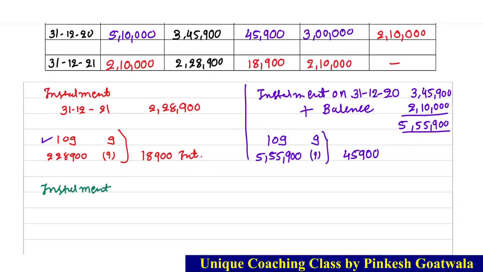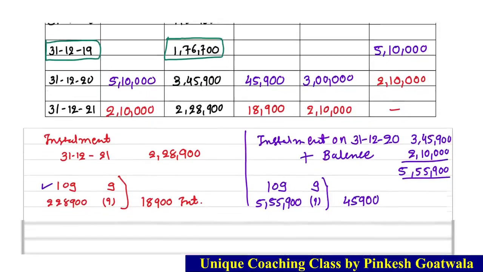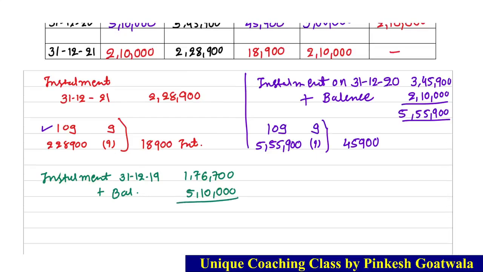Add the balance 5,10,000: 1,76,700 plus 5,10,000 gives 6,86,700.